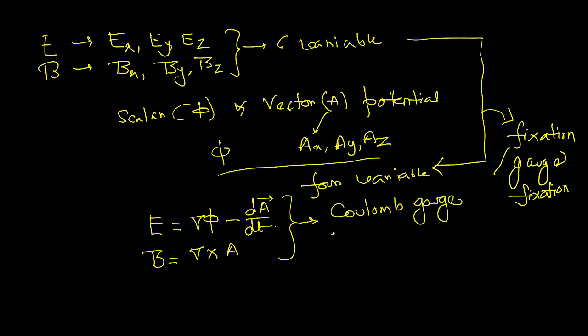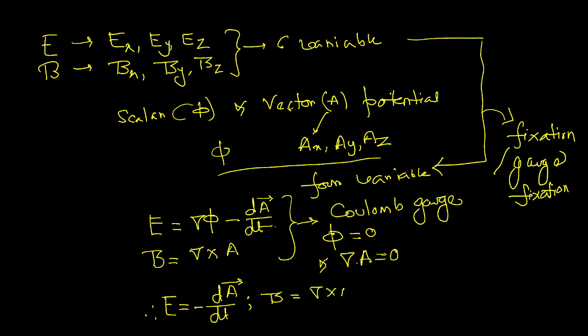The scalar potential phi is 0, and the divergence of A is also 0. So now E becomes minus del A by dt, and B is del cross A. These are the two transformations of the electric field and magnetic field to the scalar and vector parts. Now, what is the expression of A?